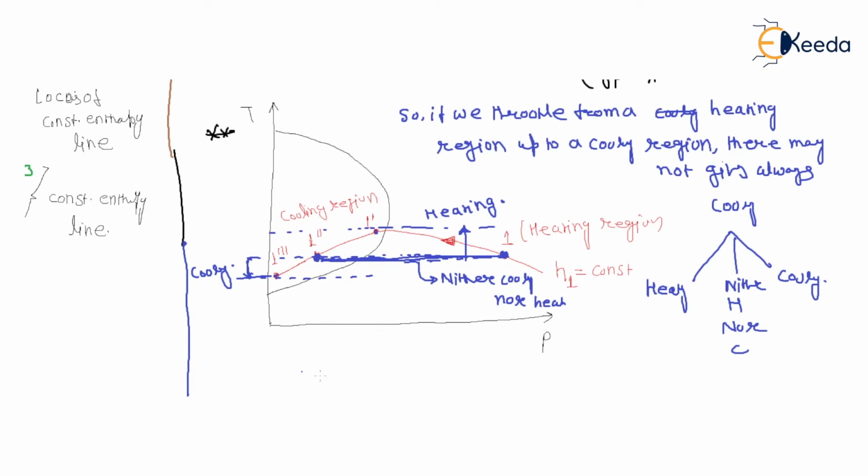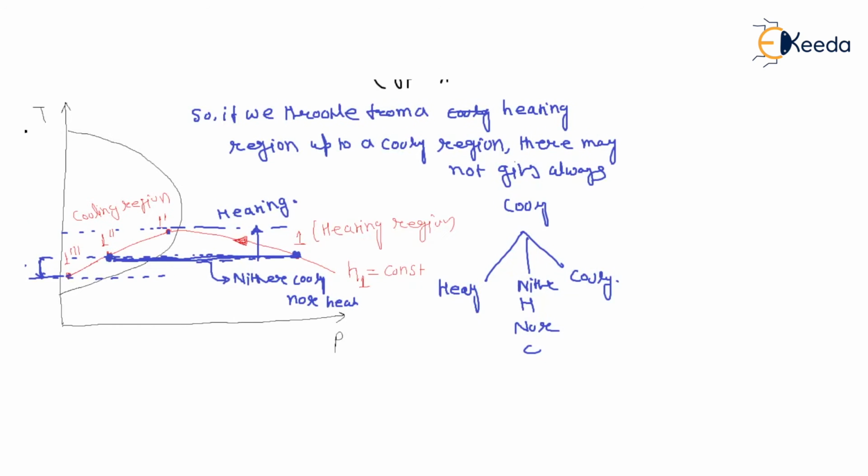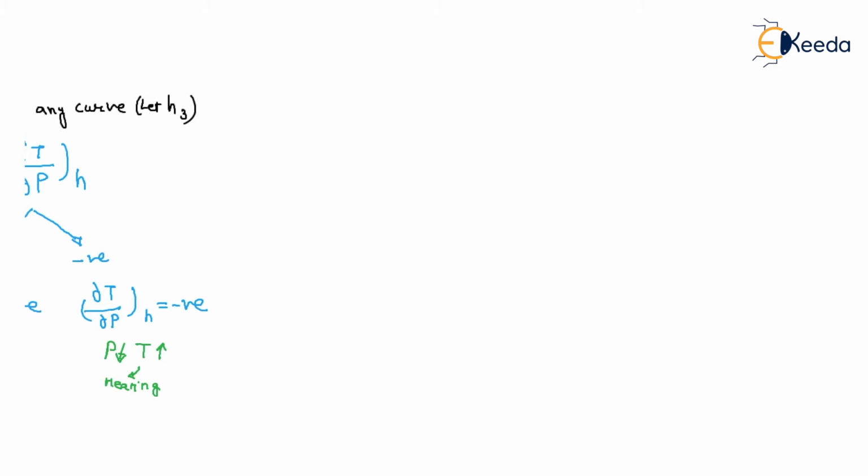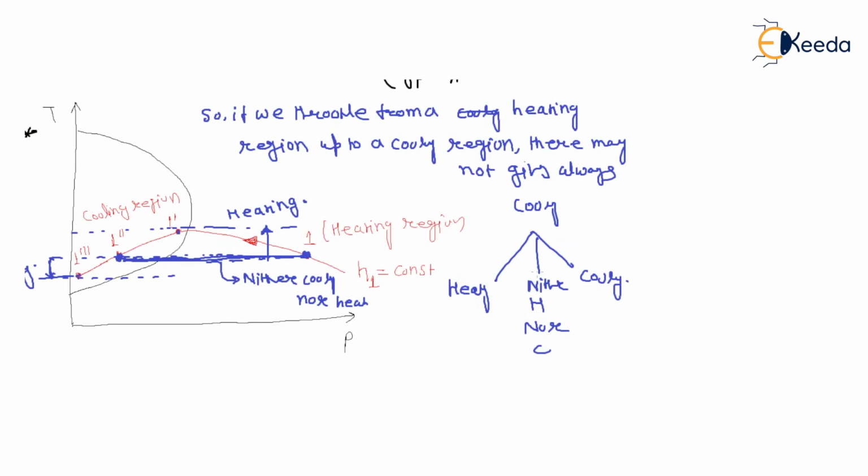The next point is, if we throttle from a heating region to a cooling region out of this point, then there will be cooling.